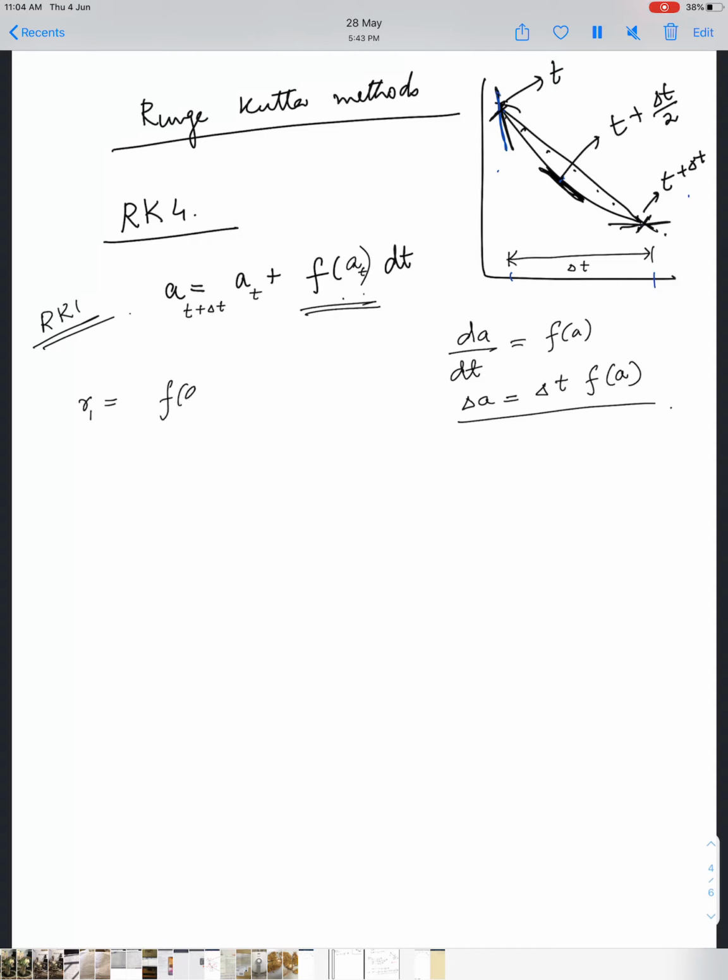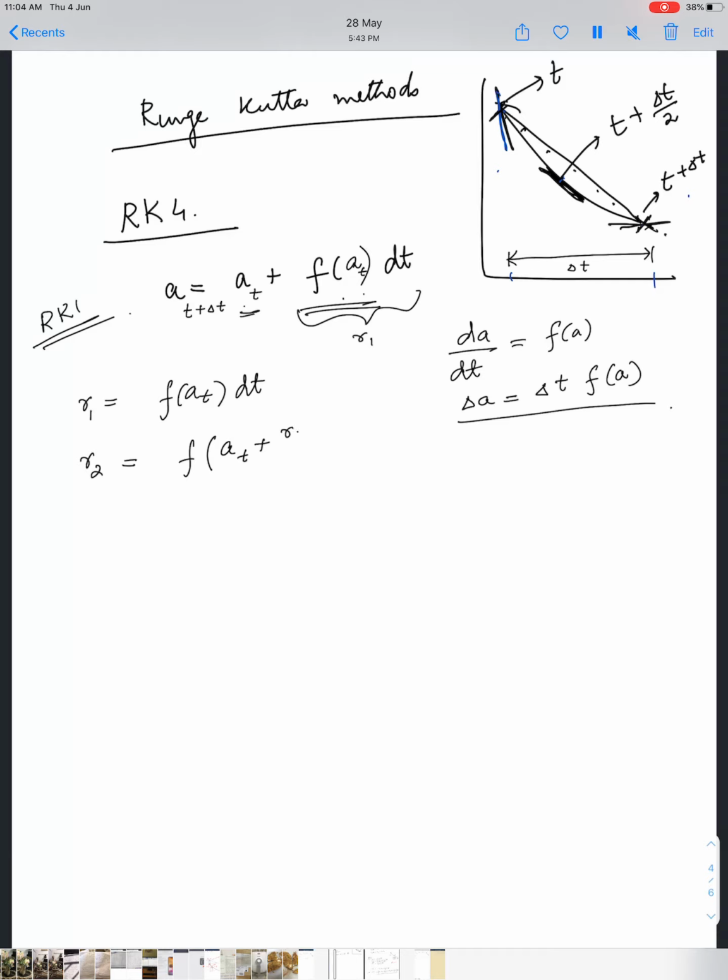For that, we take r1 equal to f(A at t) times dt. That's the first slope at t. r2 is another one, where we take the slope at f(A plus r1 by 2). If I did A plus r1, we would reach the end, at t plus delta t.